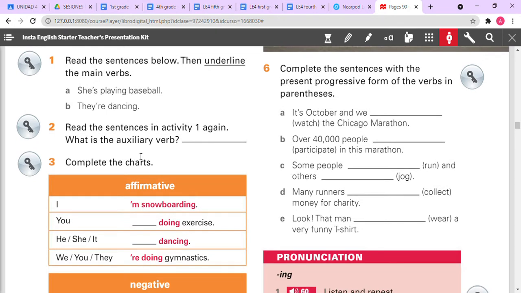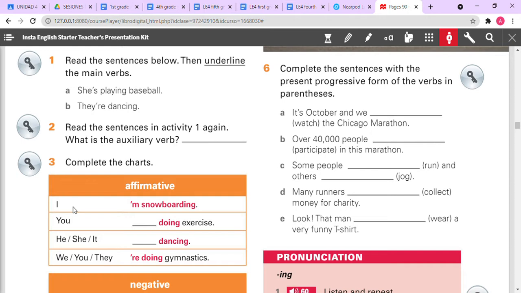When we want to talk about the verb be, we talk about 3 forms, okay? Because the verb be in the present has 3 forms: am, is, are. Okay? For example here, I'm snowboarding. In this moment, I'm doing the activity.